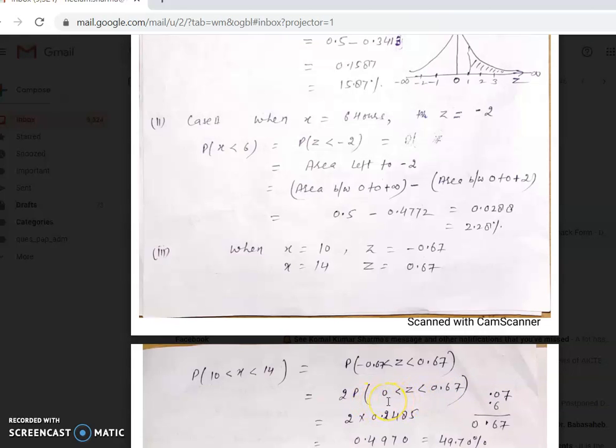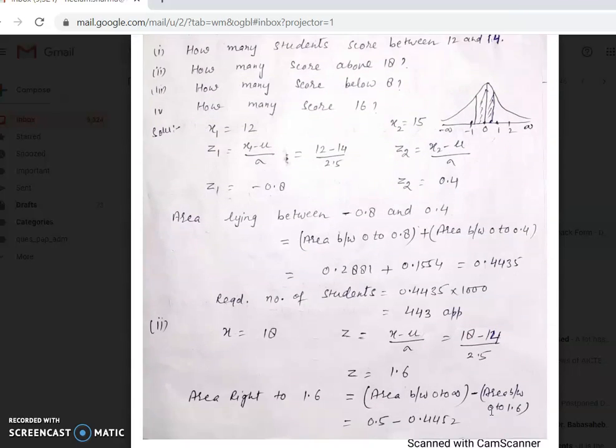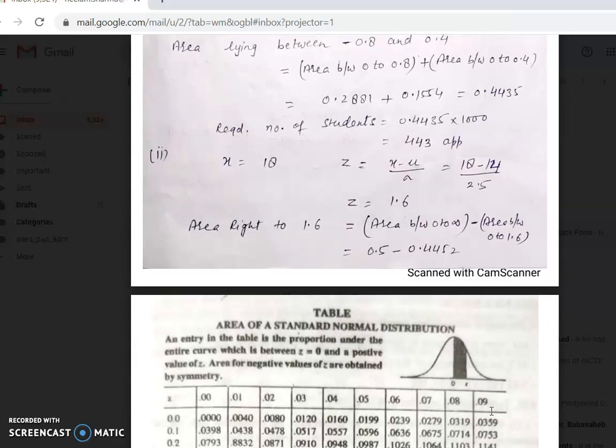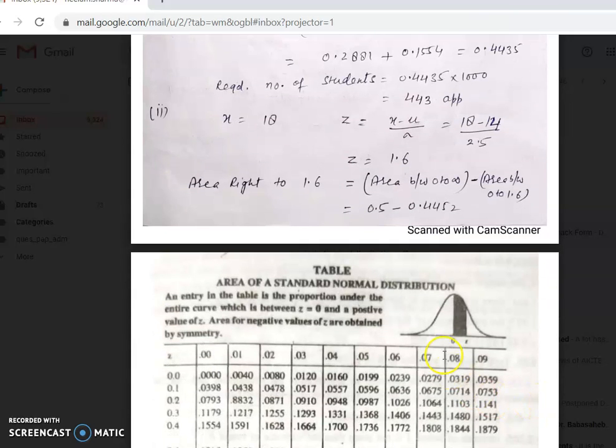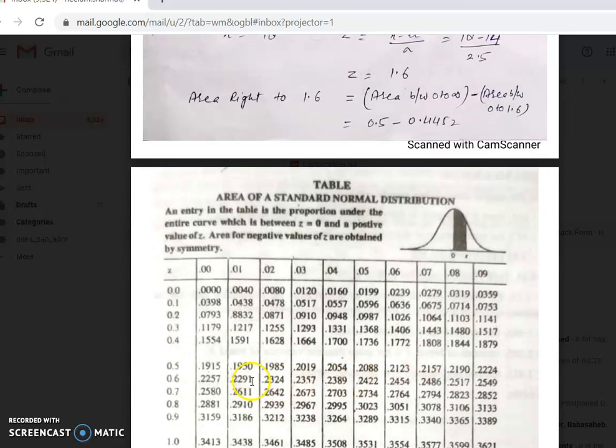Now, we can see that there is no direct value of 0.67 in the normal distribution table. Therefore, we can write 0.67 as 0.07 and 0.6. In the normal distribution table, 0.07 is this and 0.6 is this.